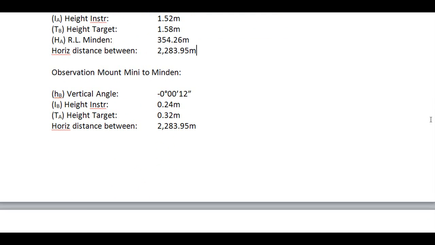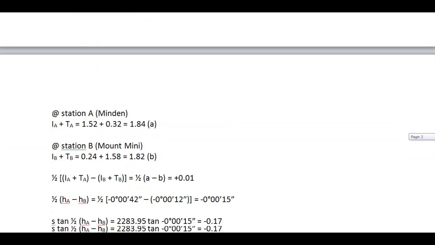However, we now have an additional observation at Mount Minnie to Minden, with a vertical angle of minus 0 degrees 0 minutes 12 seconds, height of instrument 0.24 meters, height of target at A is 0.32 meters, and of course the horizontal distance between them remains the same.